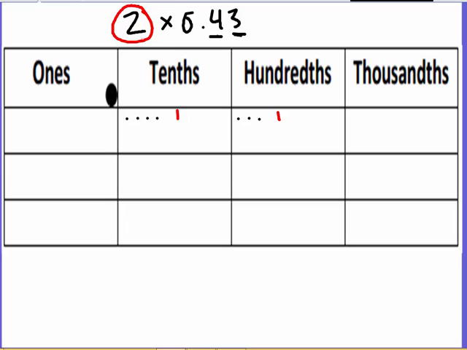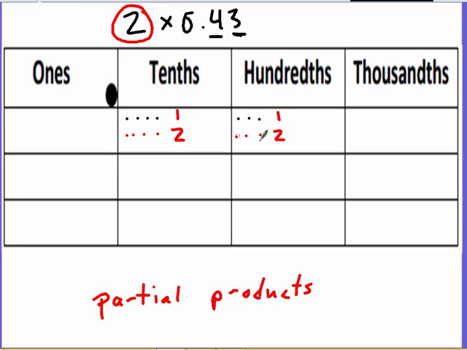So remember, this is from 4th grade. This is called partial products, is what we're going to be working with. I'm doing 2 times 4 tenths. That would be 1, 2, 3, 4. There's my second group. And 2 times 3 hundredths, which is 1, 2, 3. I need 2 groups where each of my place values are.